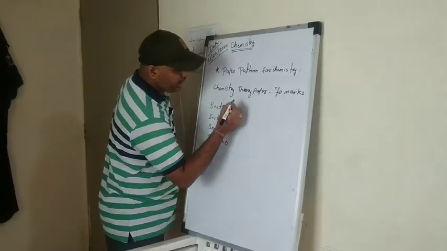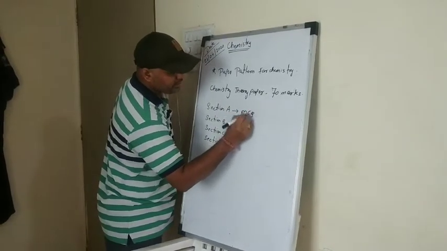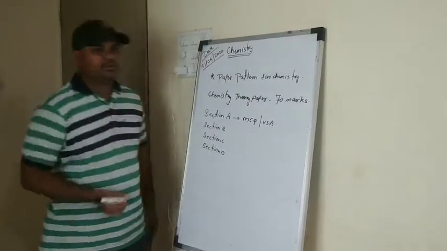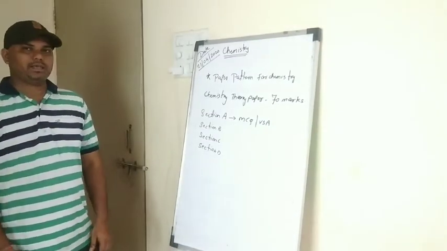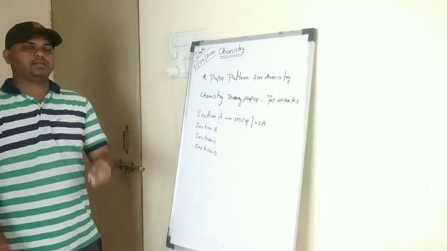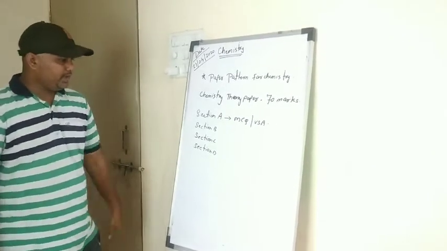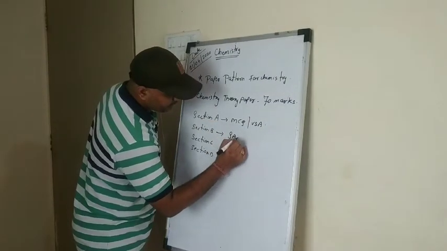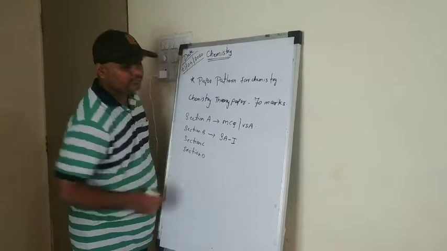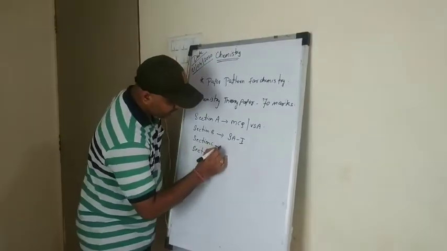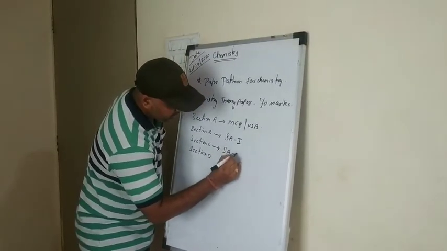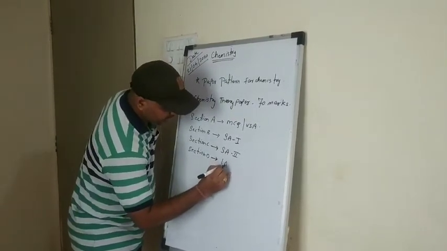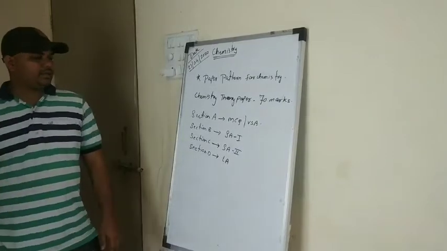In Section A, we have MCQ and VSA. You all know what MCQ and VSA are. VSA are very short answers, just one-line answers you have to give in the exam. Section B deals with Essay 1, Section C deals with Essay 2, and Section D deals with LA.